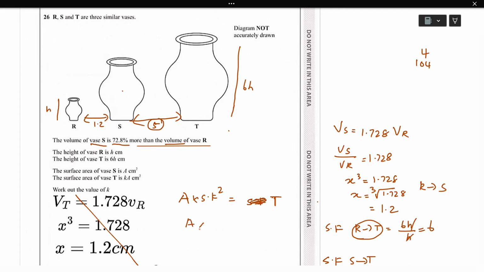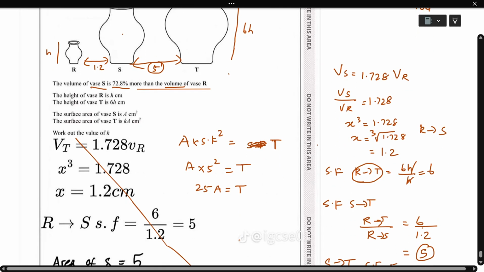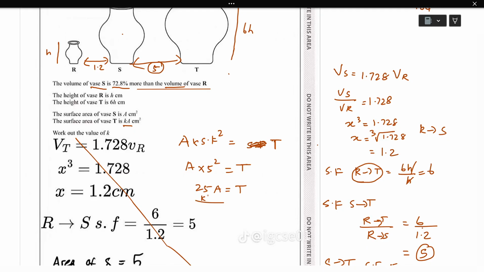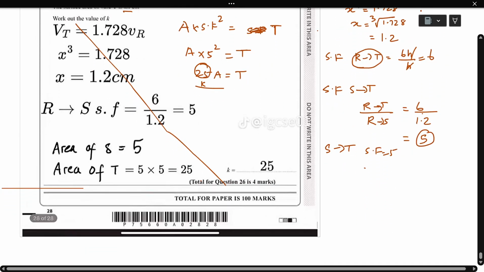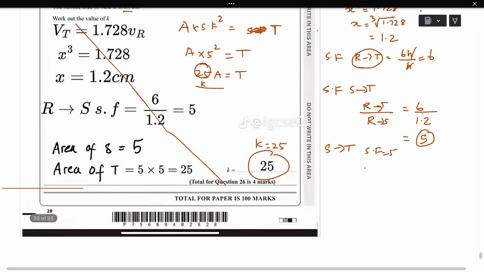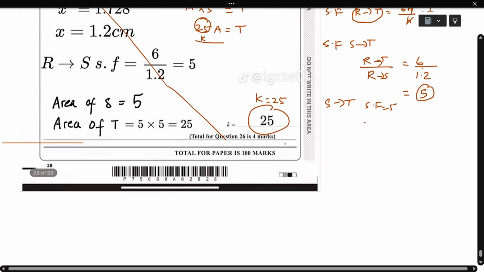So A times 5 square equals the surface area of T, so 25A. See here, T is KA, so instead of K there is 25 for us. So the answer is K equals 25. That's it. That's the end of the paper.